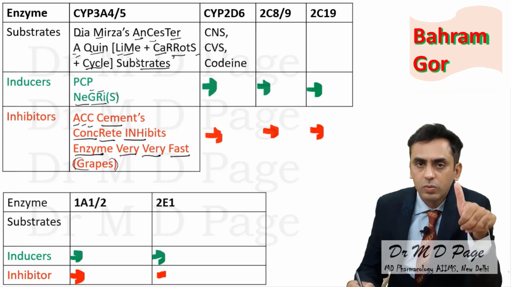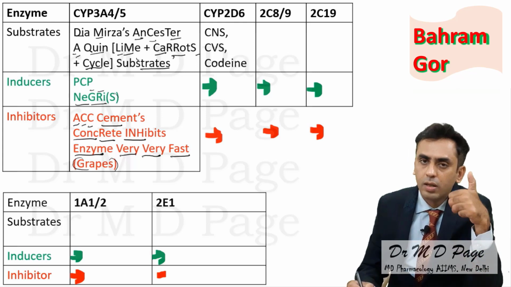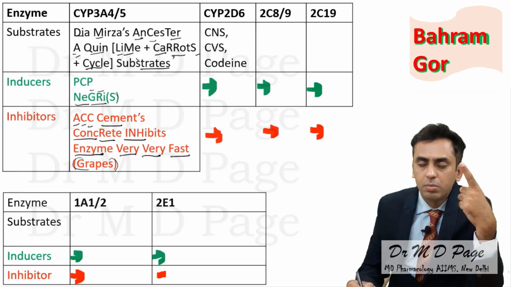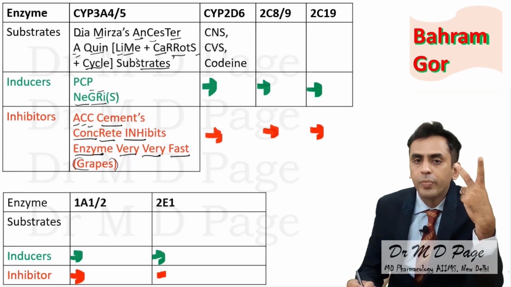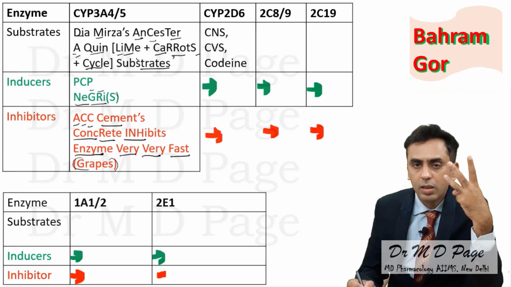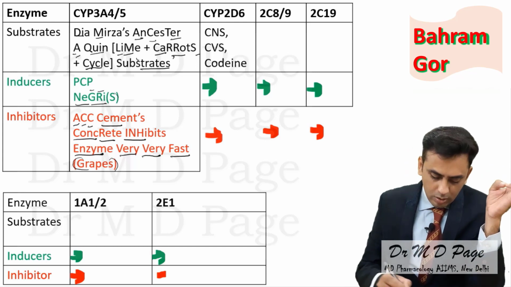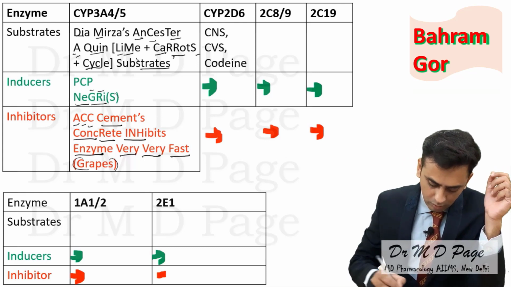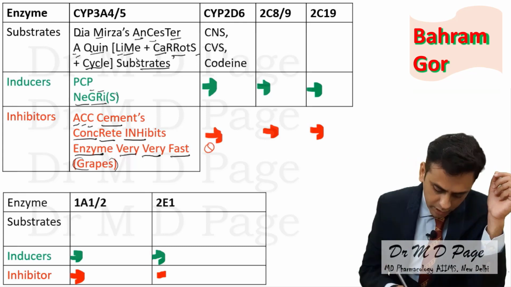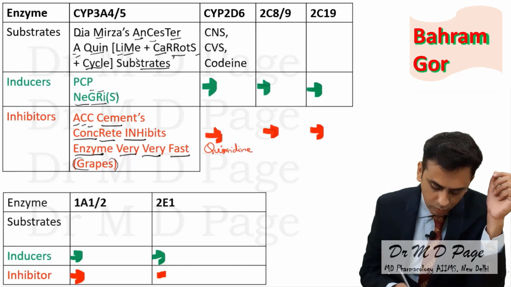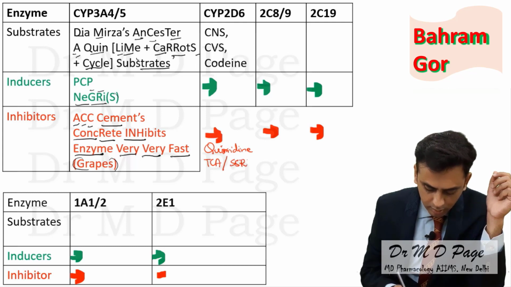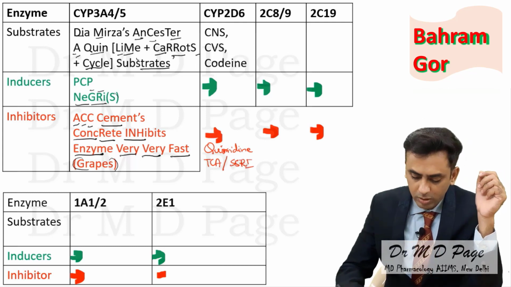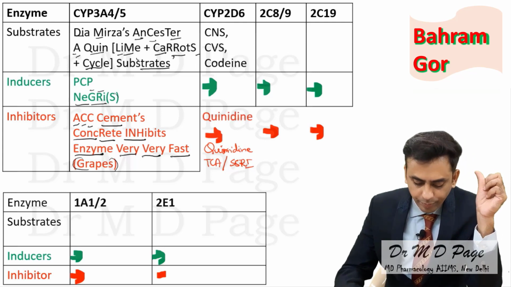In antipsychotics we have haloperidol, clozapine, risperidone; tricyclic antidepressants amitriptyline, clomipramine; SSRI paroxetine, fluoxetine; SNRI venlafaxine. Okay, and codeine was one more substrate. And inhibitor, you have to remember one inhibitor, that is quinidine, and other inhibitors which you have to remember are TCA as well as SSRIs. They inhibit this CYP2D6.